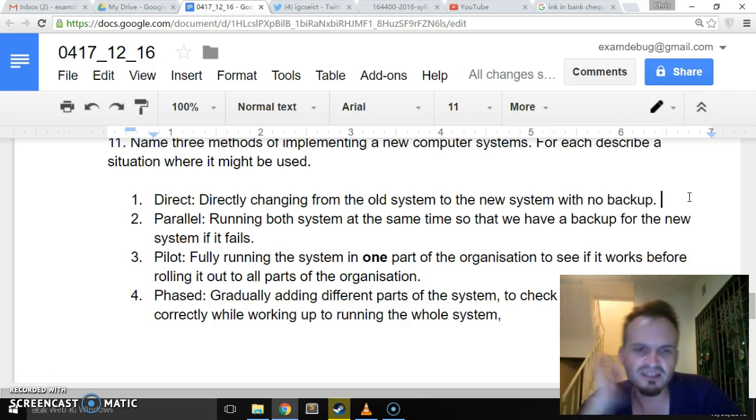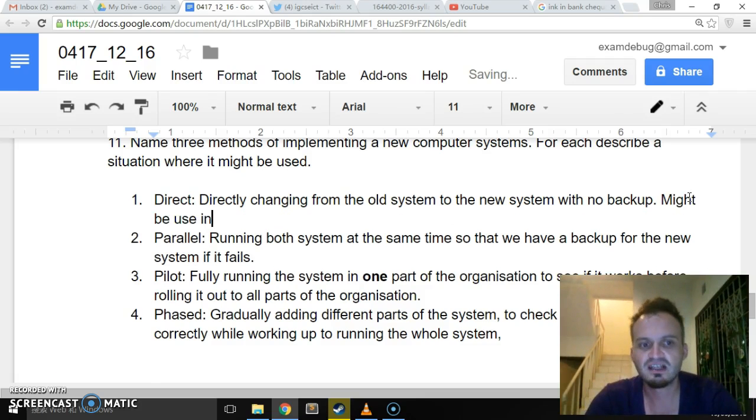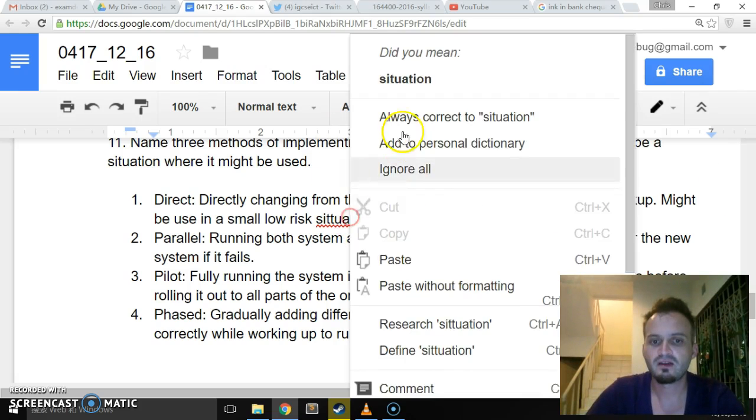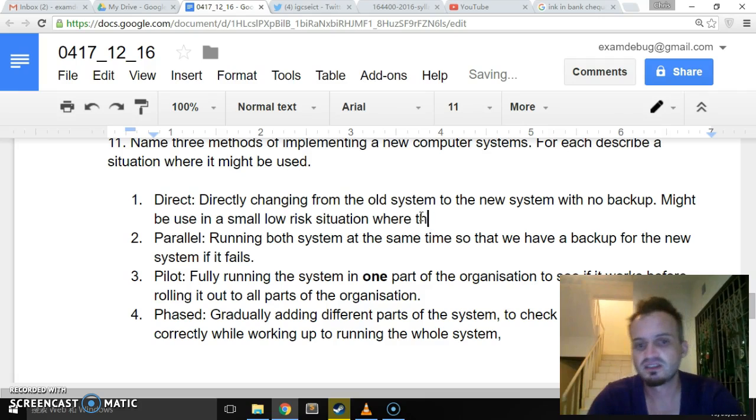So, let's start with direct. Directly changing from the old system to the new system. You could say might be used in a small, low-risk situation where the results are not so great.